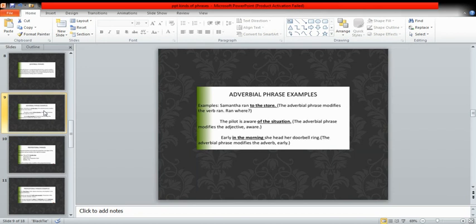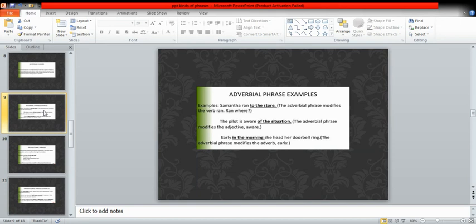The pilot is aware of the situation. Of the situation is underlined, and this phrase is modifying the adjective, which is aware. In this way, you can have an idea how to identify an adverb phrase in a sentence. Early in the morning, she heard her doorbell ring.